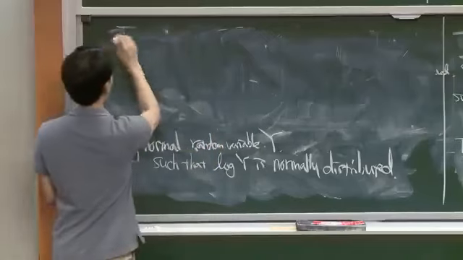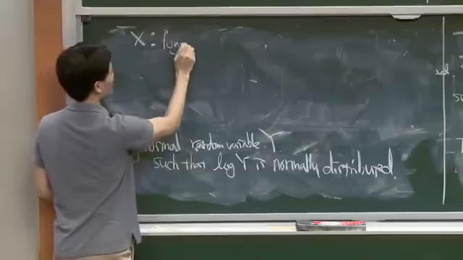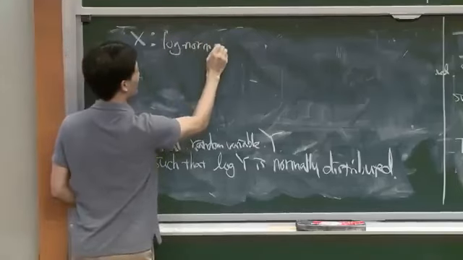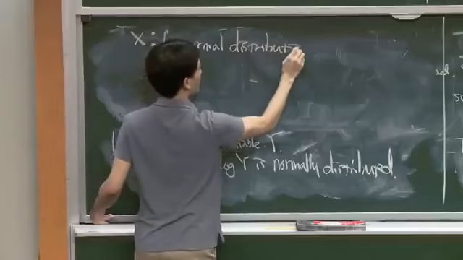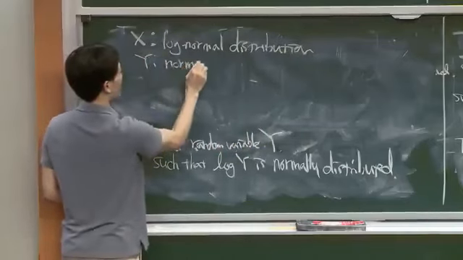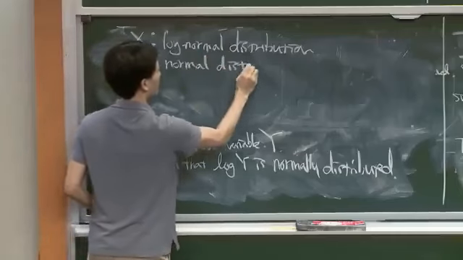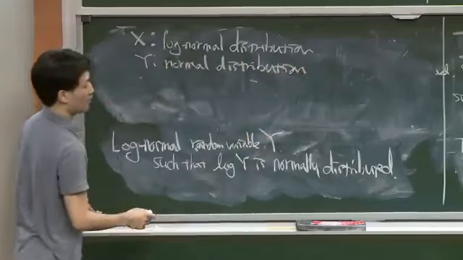I want X to be the log normal distribution, and I want Y to be a normal random variable.